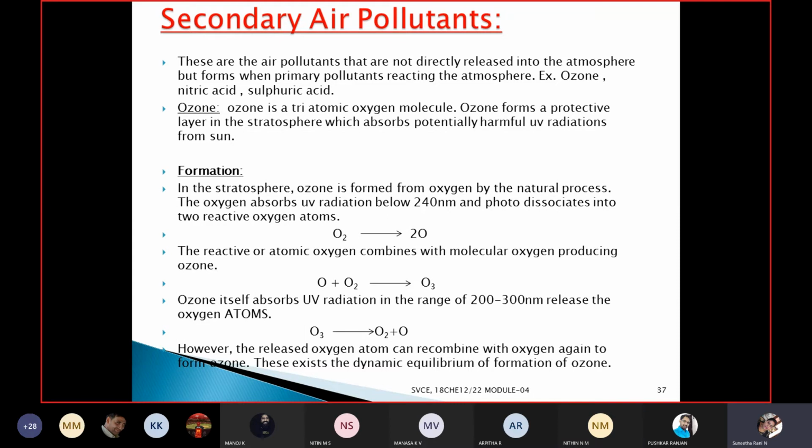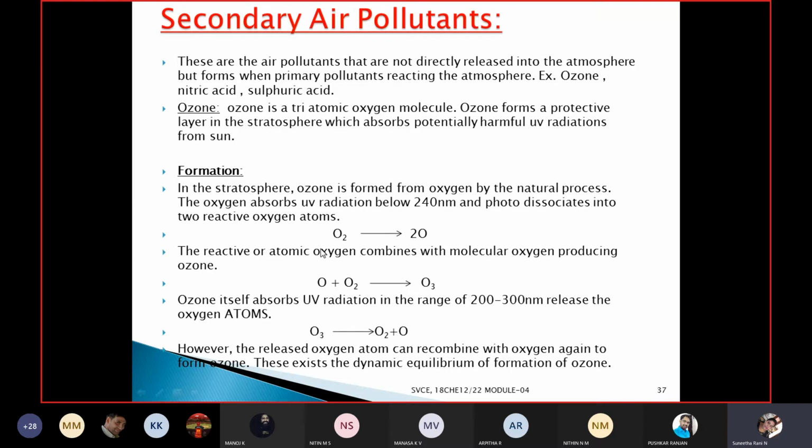That is what we are going to see here, how this ozone is produced in the atmosphere, and how it forms as a pollutant. It is a protective layer, and it protects the earth from the UV radiations from the sun. Correct.